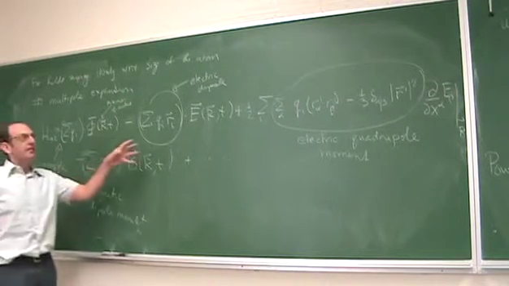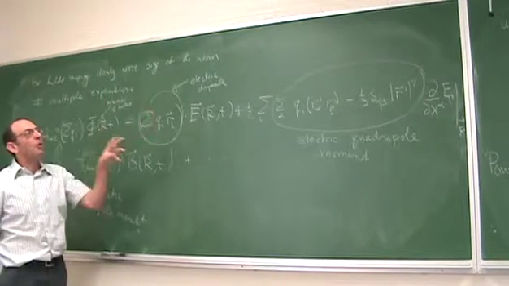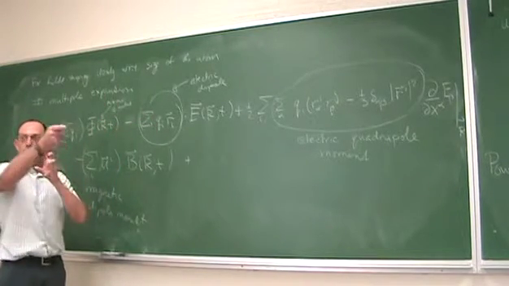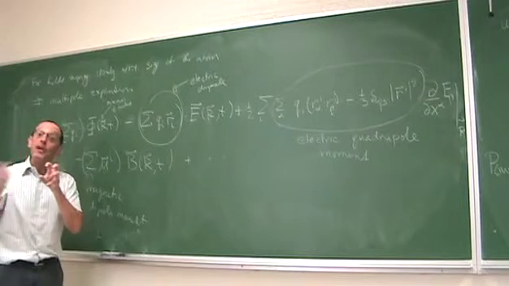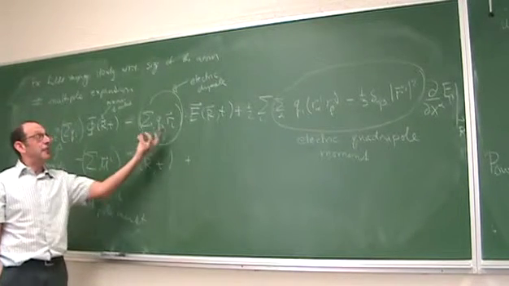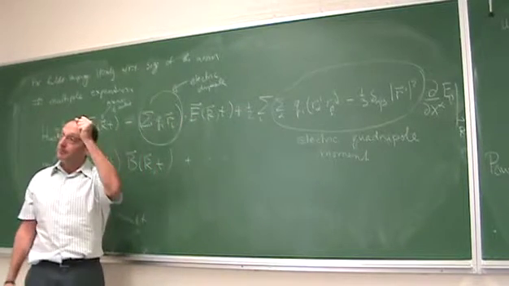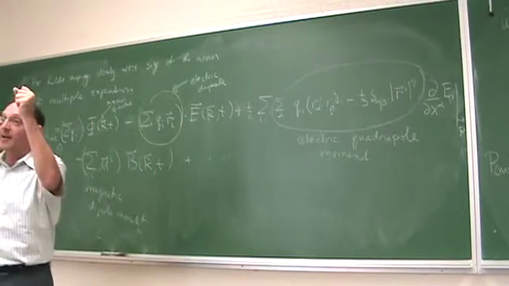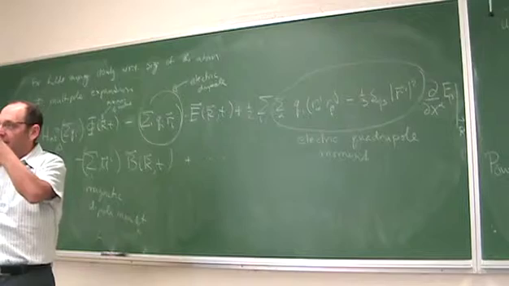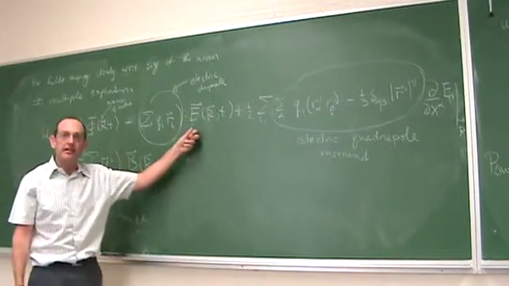And then we have different multipole moments that have to do with the relative coordinate of the electron relative to the nucleus. We have something that has to do with the electric dipole moment interacting with the electric field at the center of the atom. We're ignoring the variation in this approximation.